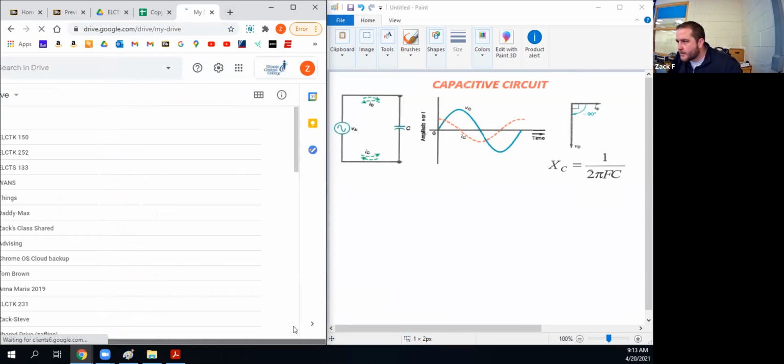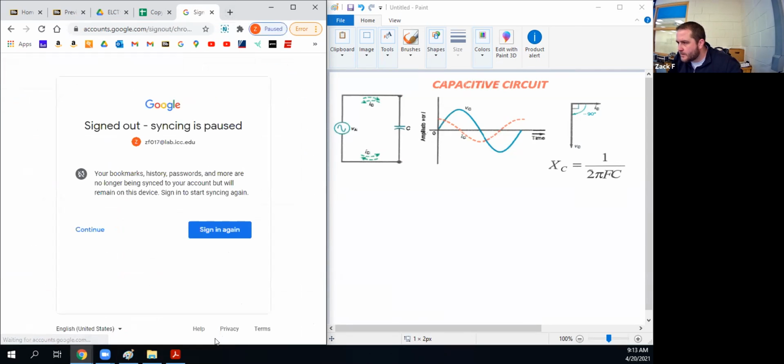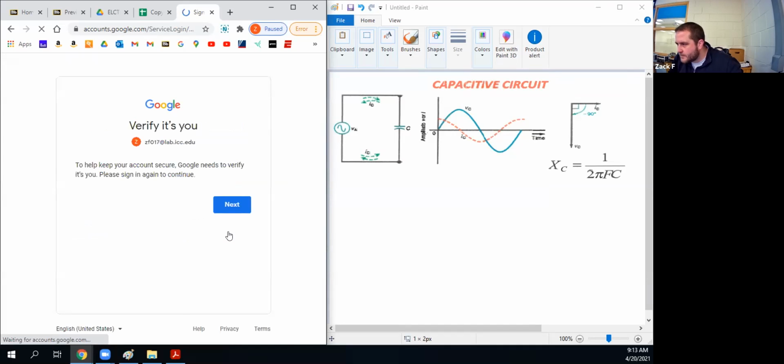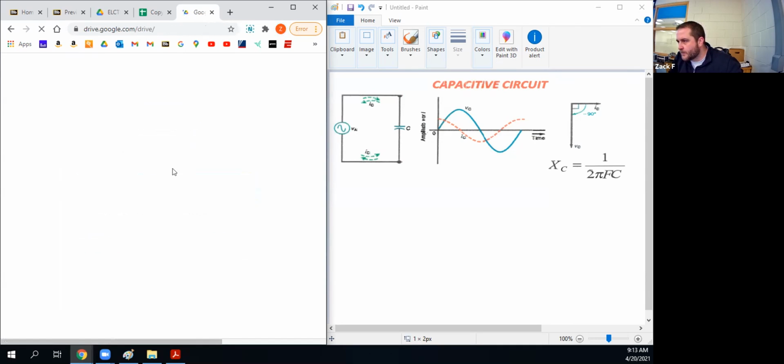For me, I'm already logged in, but you put your atlab.icc.edu account in there, and it'll open. When you open it, it'll look something like this. I use Google Drive for everything, so I've got a ton of stuff on there. But yours, you'll see that folder on the left that says Shared with me.